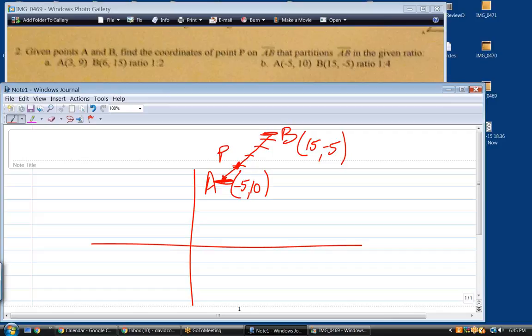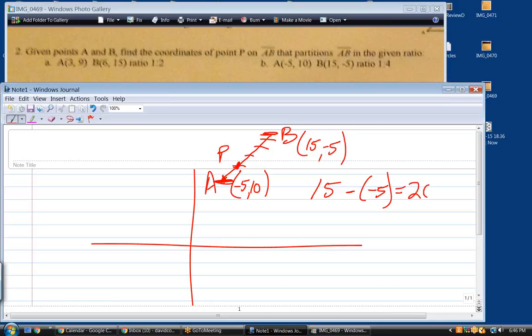Okay? So if P is right there, this point here, what is the x differential between each of these 5, in other words, between A and P? What's the x differential between A and B? Take B and subtract A. 15 minus a minus 5.